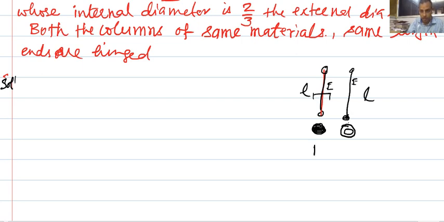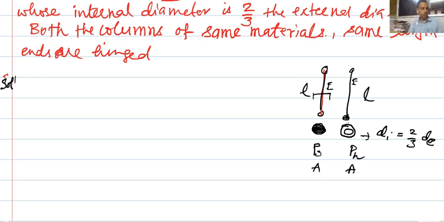Suppose this is, let us say, solid PS. So this is PH. Okay. This is going to carry some load, this is going to carry some load, same cross section area, that means this is A, this also A. Area of cross section same, length same, both also same hinge, right. So this is outer dia, and the inner dia, let us say DI, is 2/3 of DO or DE, external dia.